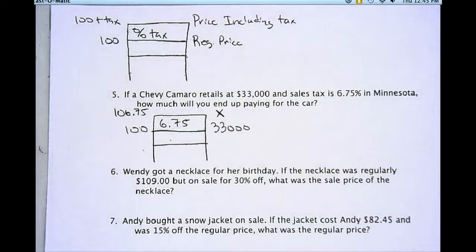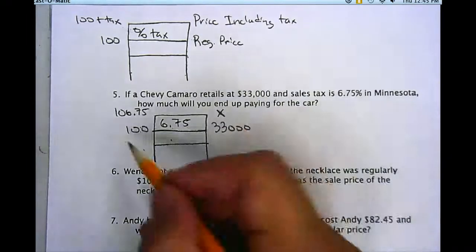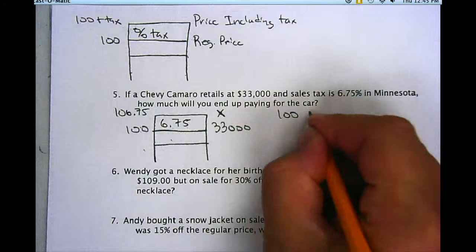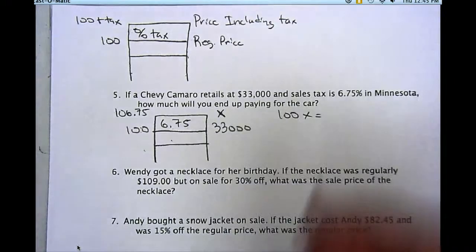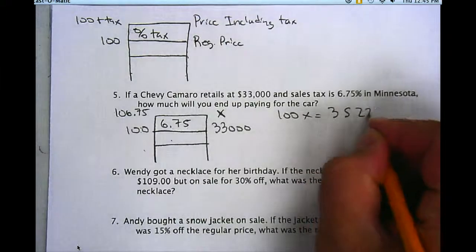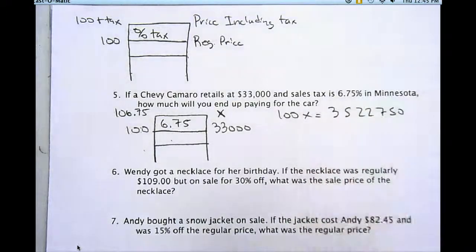Now I've set up a proportion that I can solve by multiplying the cross products. 100 and x are cross products of each other, and that's just going to be 100x. Then I take 106.75 and multiply that by 33,000, and what I end up getting is 3,522,750.